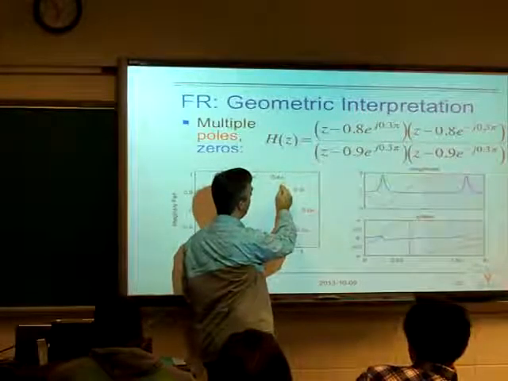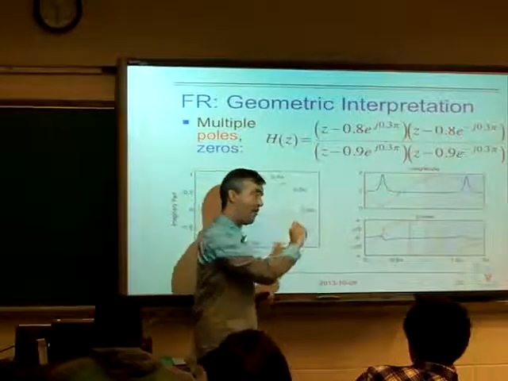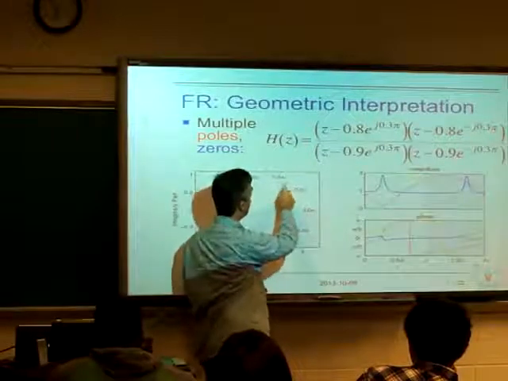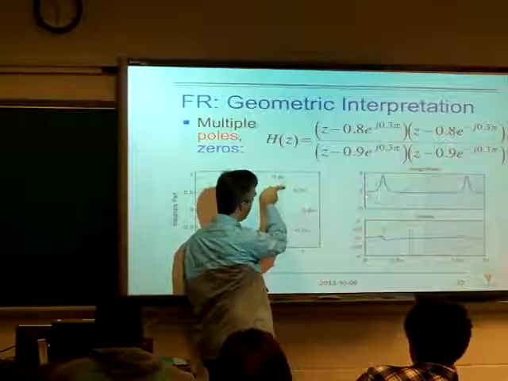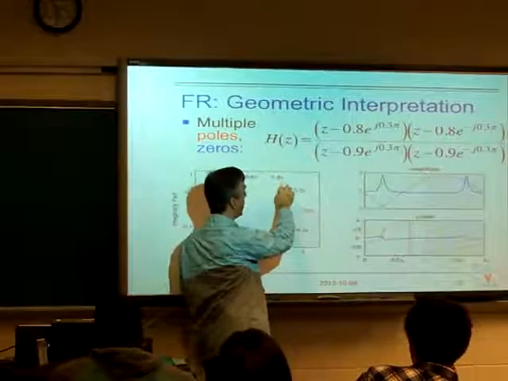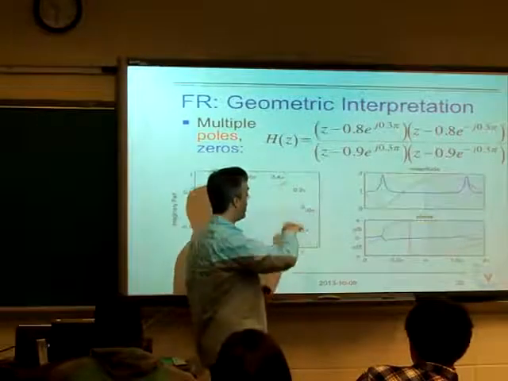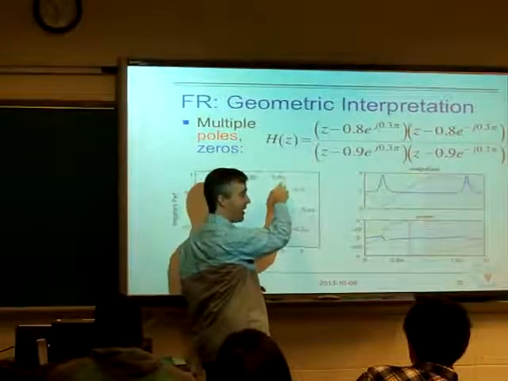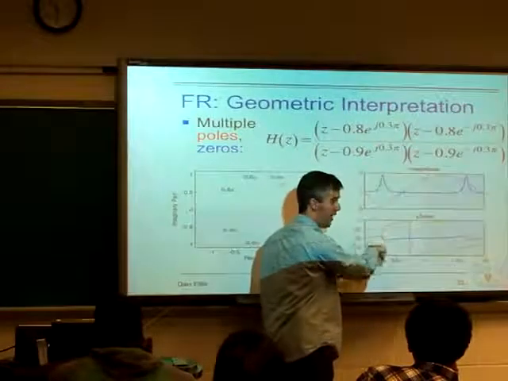And the phase due to the pole is changing almost twice as fast as the phase due to the zero because it's half the distance. The angle of this vector is winding this way, so the angle is getting larger. But the phase due to the pole is negated, so the phase is getting more negative more rapidly than it's getting more positive. And that's where we see this kink, where the phase goes down locally.